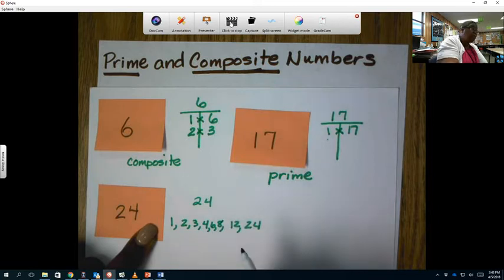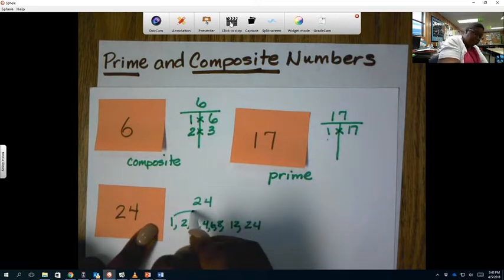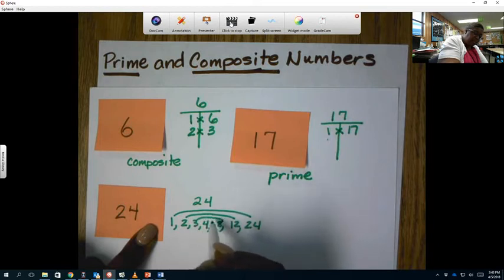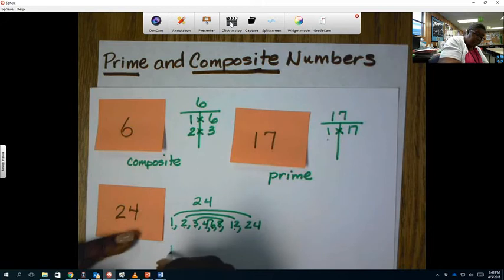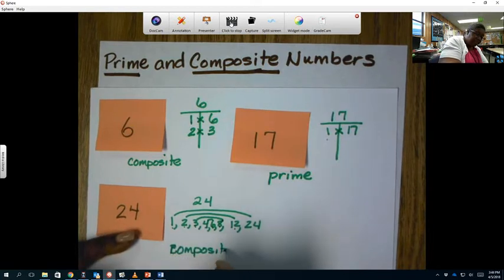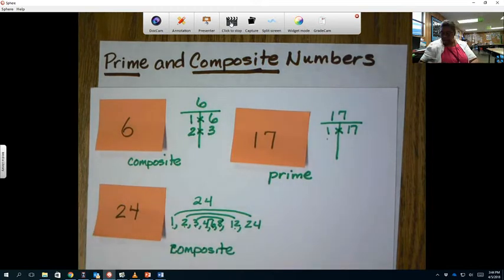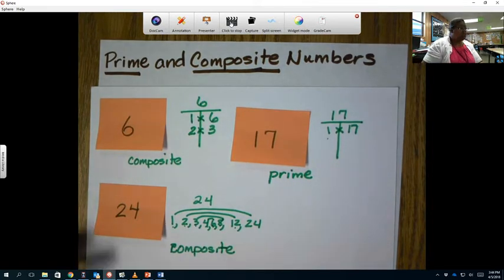So I have my list there, and then I'm going to connect my factors. Well, as you can see, I have 1, 2, 3, 4, 5, 6, 7, 8 factors, which makes this a composite number.